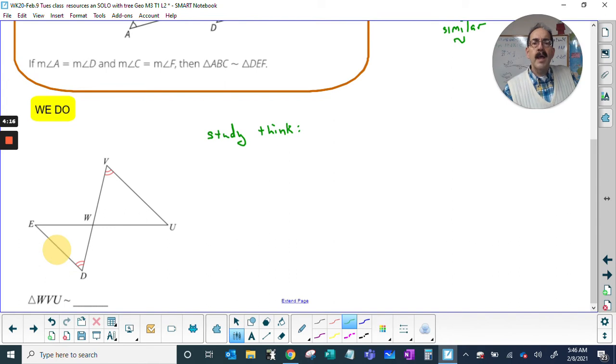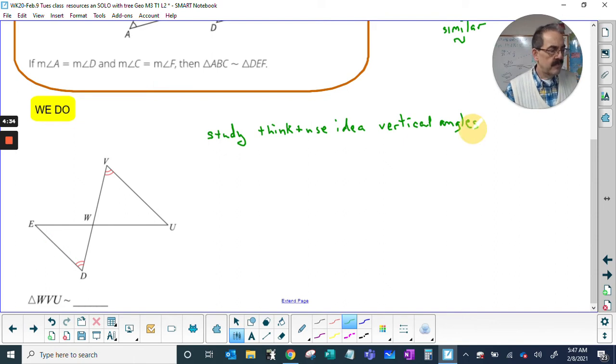I want you to think about, study, think, and use the idea of vertical angles. Use vertical angles here. See what you come up with. Now, we're going to draw this. It's just a bow tie.